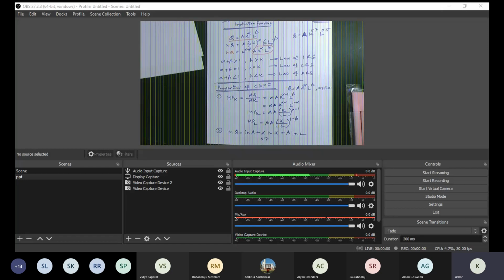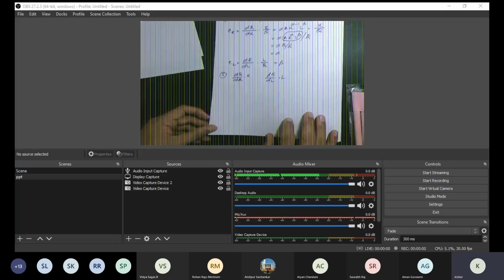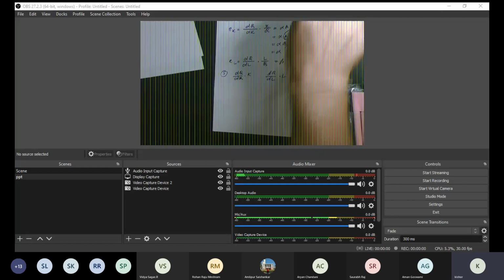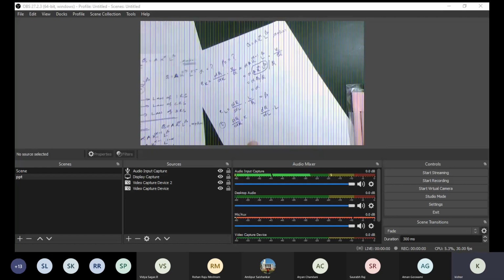Now, let me write because that will help you. Screen is having some problem, but I believe online students you can see the screen. Can you see it? Online student, can you see the screen?